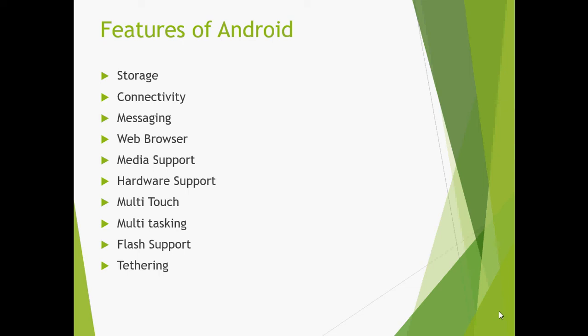After that, the Open Handset Alliance was formed, and now Google and Open Handset Alliance decide everything about the Android operating system. The first version of Android beta was released on 12th November 2007.